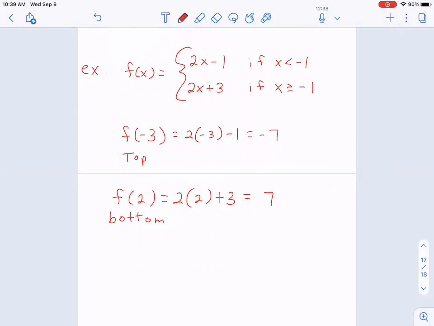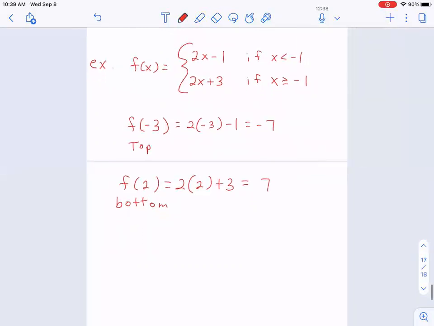I have a question for you. If we wanted to find f of 5, am I going to plug that into the top or the bottom? What do you think? The bottom, because it's greater than negative 1. Very good. Excellent.